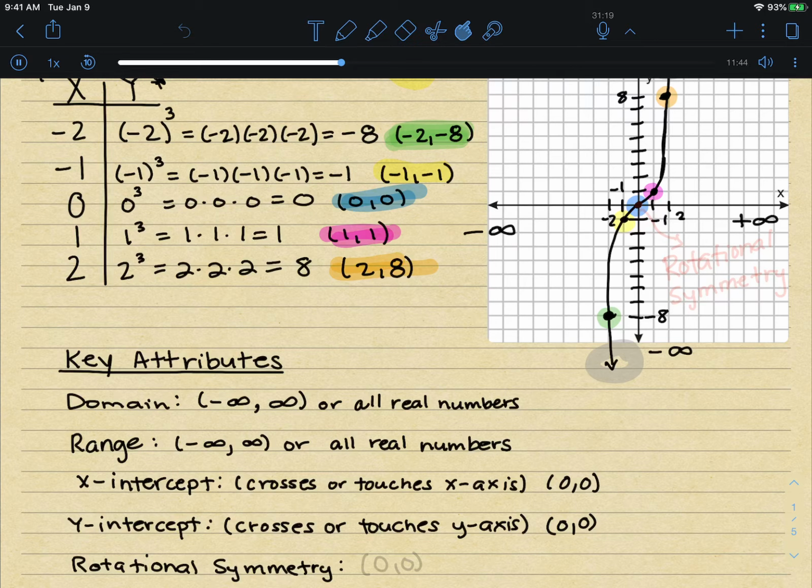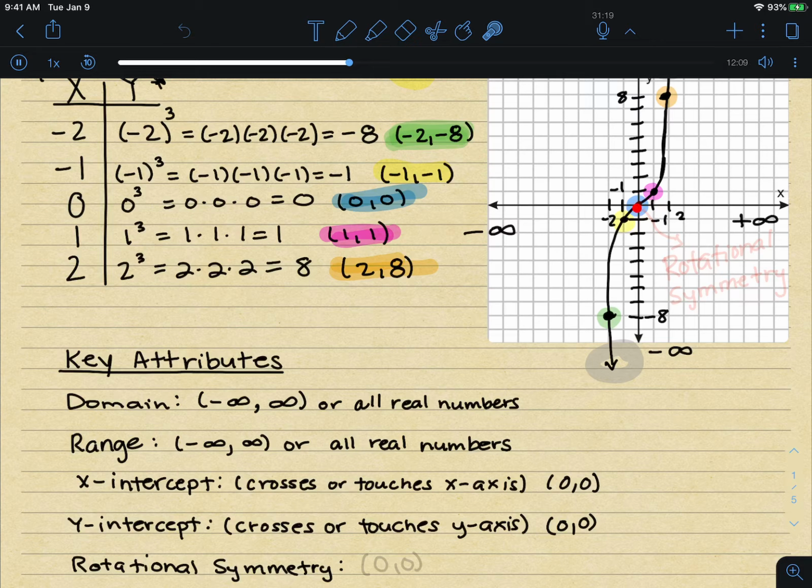A shape has rotational symmetry when it still looks the same after some rotation. So if I were to rotate, let's say this half of the function, like let's say a couple of degrees, it would look exactly like this half over here. And so that's kind of when you have rotational symmetry.